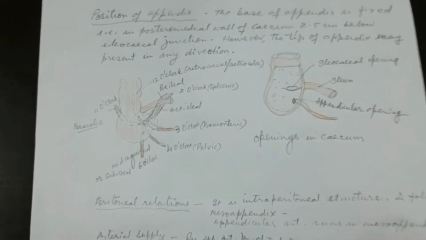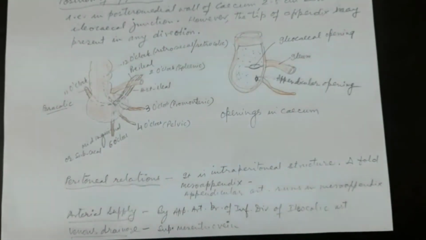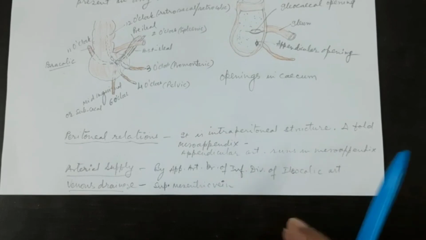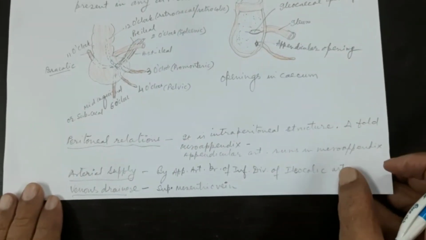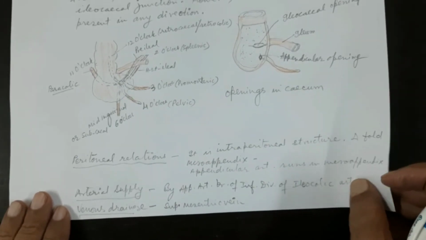Venous drainage is by the vein of the same name, the appendicular vein, which ultimately drains into the superior mesenteric vein. So this is the venous drainage of the appendix.